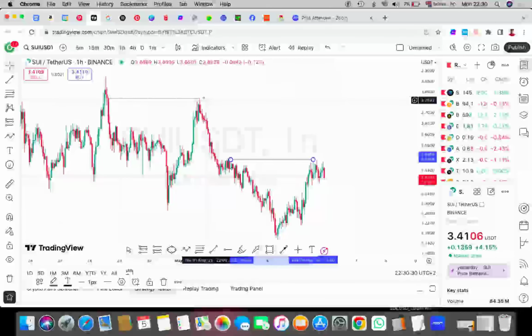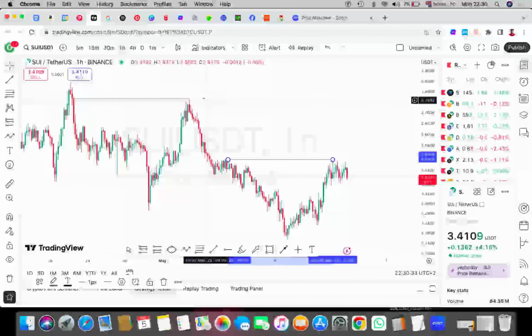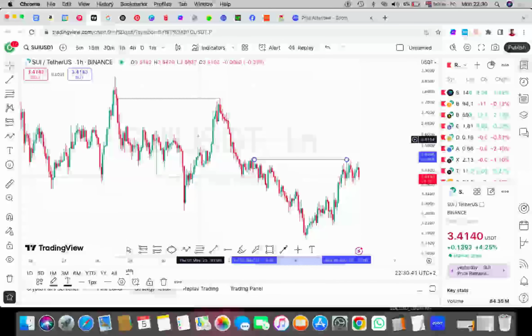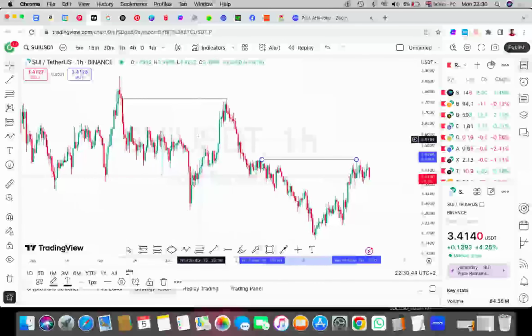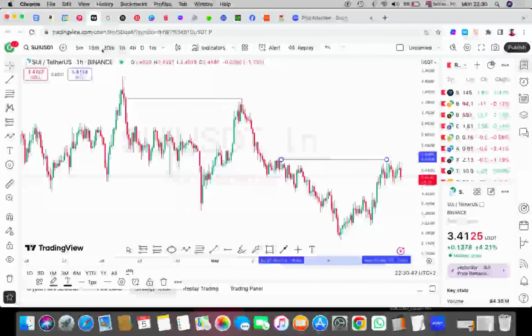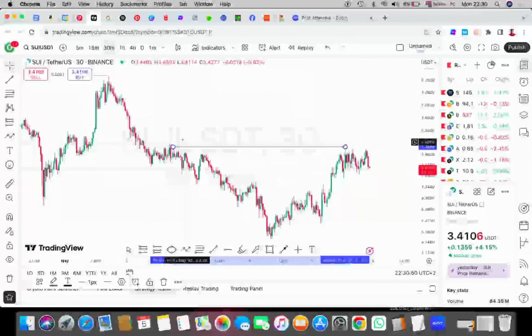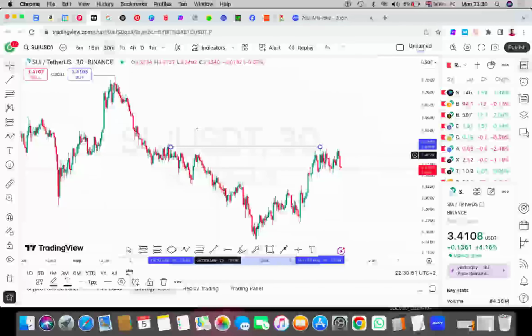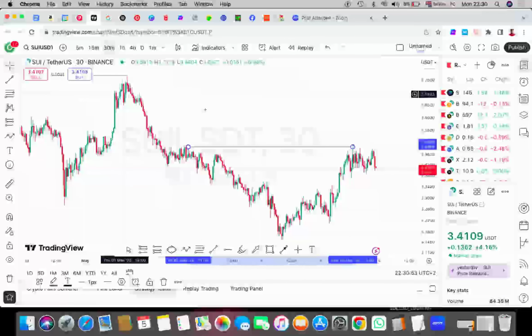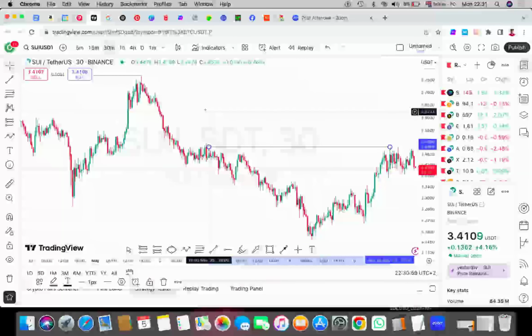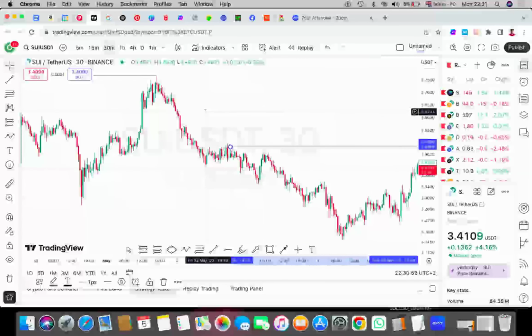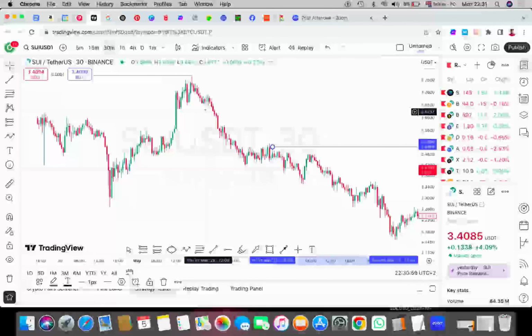So if I was to mark, there is no correction here. If I wanted to do more micro analysis, I'd say, here I'm not seeing what I'm supposed to see on Sui.